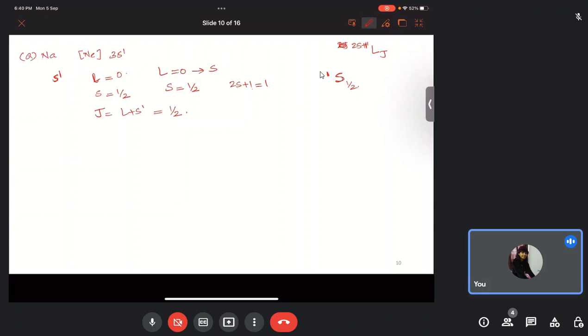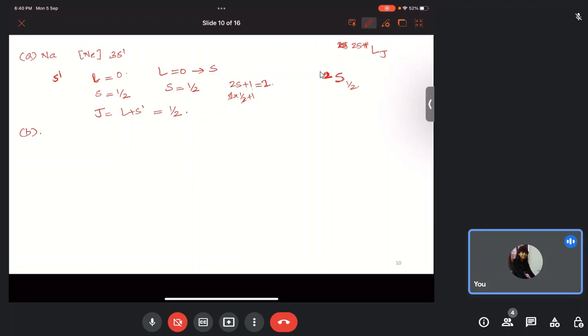So the term symbol is going to be 2S 1/2. Okay.